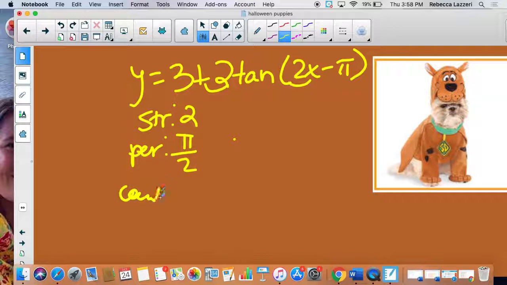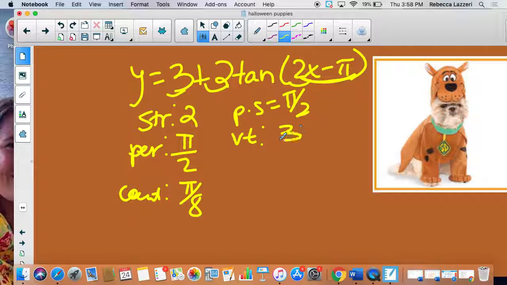The count, you divide that by 4 and you get pi over 8. Phase shift is pi over 2. And the vertical translation is 3. So the only difference so far is you say pi over 2, not 2 pi over, right here. Pi divided by 2.